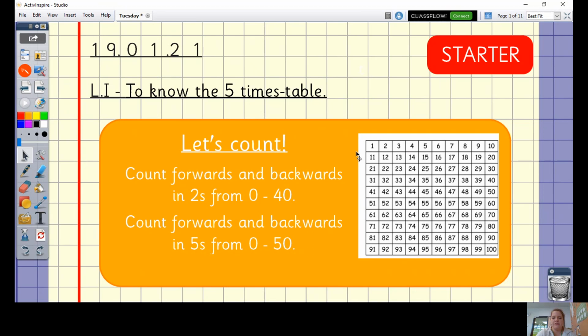Let's try our counting in 5s this time. Okay, so from 0 up to 50. Ready? 1, 2, 3. 0, 5, 10, 15, 20, 25, 30, 35, 40, 45, 50. Okay, now we're going to challenge ourselves to count backwards.